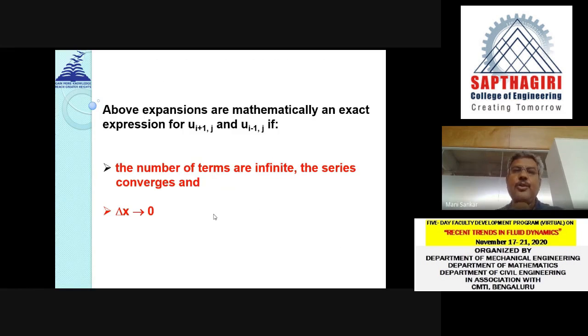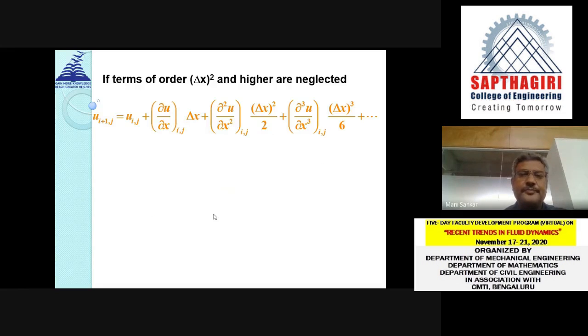Now, the above expansions are mathematically exact expressions for u(i+1) and u(i-1), provided two conditions are satisfied. First, the number of terms is infinite and it is a convergent series; the Taylor series must be convergent. Second, and most important, delta x must be as small as possible.